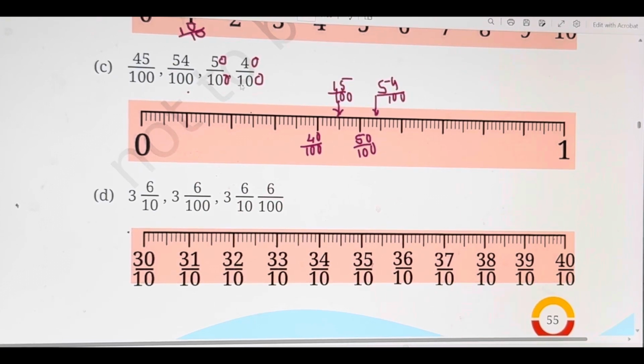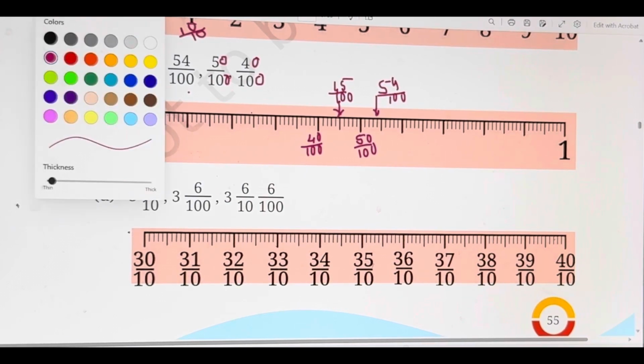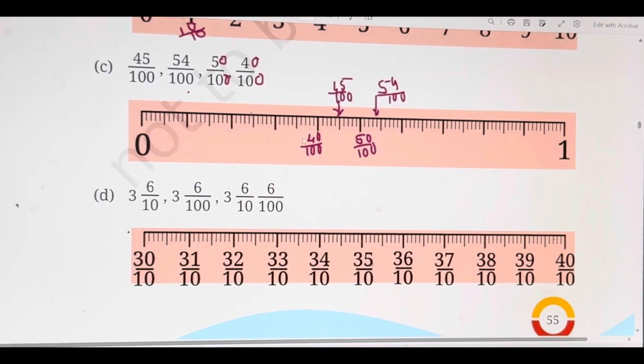I hope once you convert them into the same part, either 10th part or 100th part, it becomes easy for you to identify. Now again, you can easily tell which is the shortest and which is the longest. So we'll mark it with a different color. Here you can see this is on the left side, so this is the smallest. I'll write it here so it's visible. Smallest, or you can say shortest.